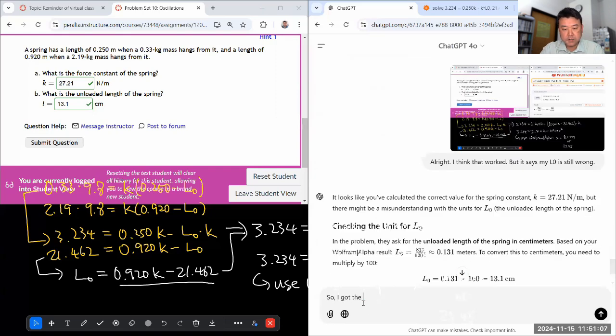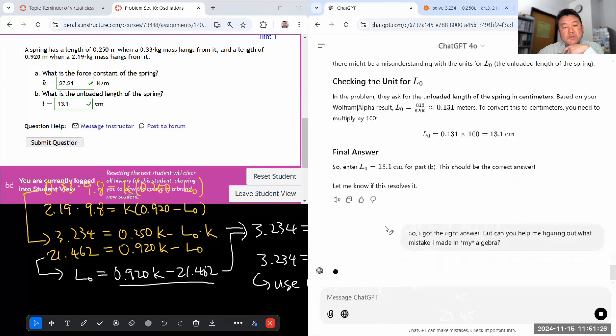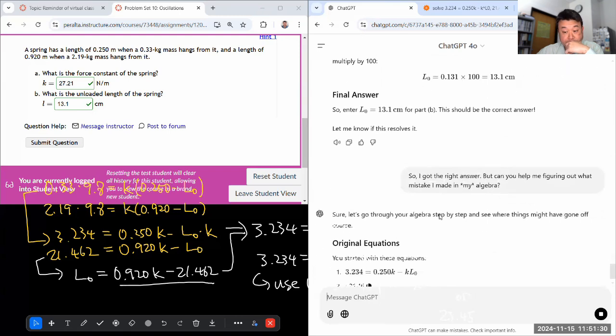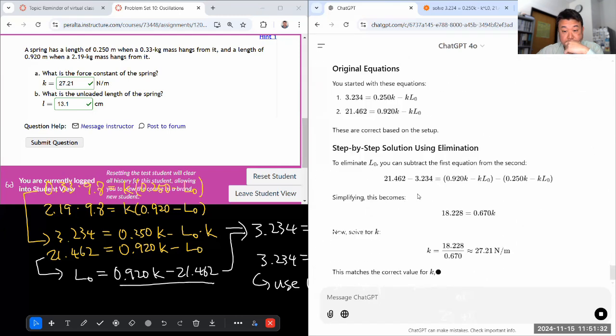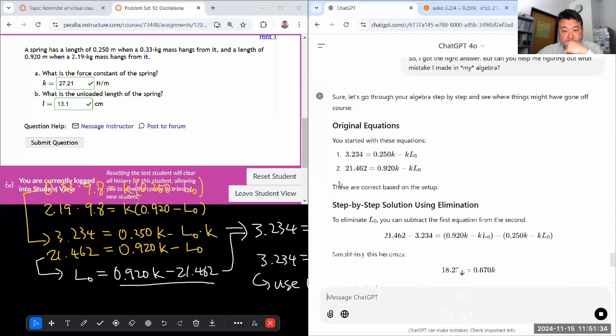So I got the right answer, but can you help me figure out what mistake I made in my algebra? I wonder if it'll remember the screenshot that I pasted. Your original equations. No, I didn't start with these equations.